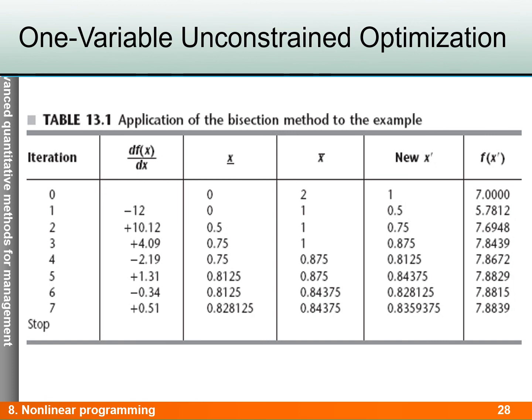And at the same time, we check our stopping rule. What was our stopping rule? x bar minus x bar down less than or equal to 0.02. For iteration 0, 2 minus 0 is not less than or equal to 0.02, so we need to continue, and this is not our optimal solution. Again, I put this 0.5 in my first derivative.